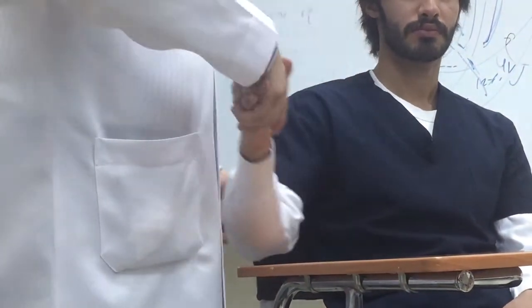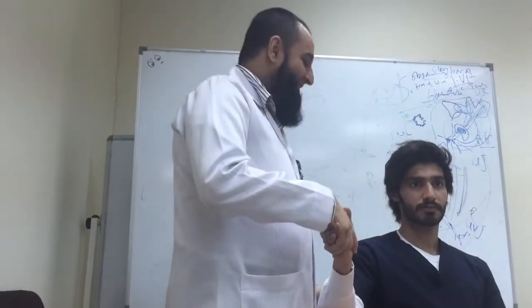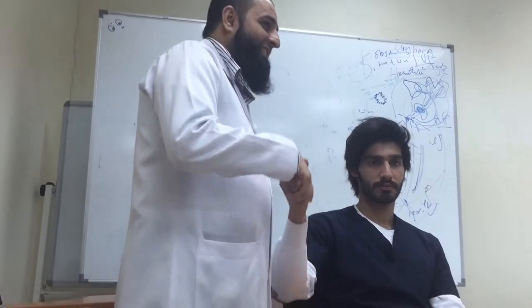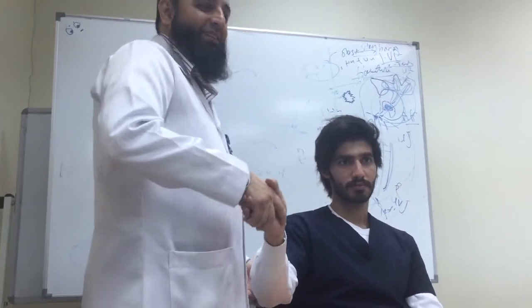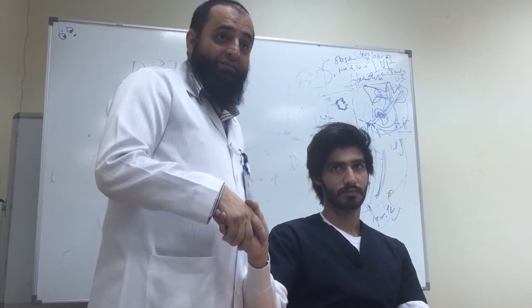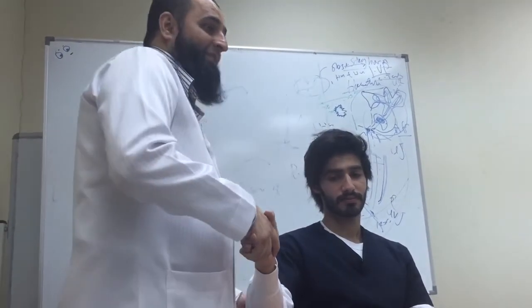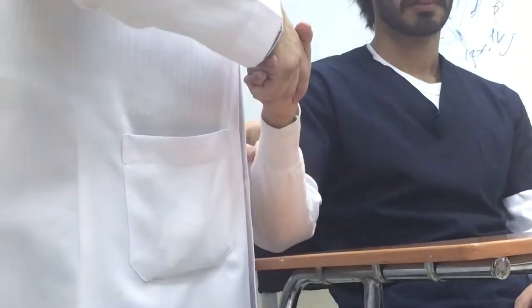If you started moving and came to know there is increased resistance, again you instruct the patient: relax, you do not move, I will move your hand. Please relax, do not move, I will move your limb. If you feel there is increased tone, after explaining again, then you check if this is rigid or spastic.